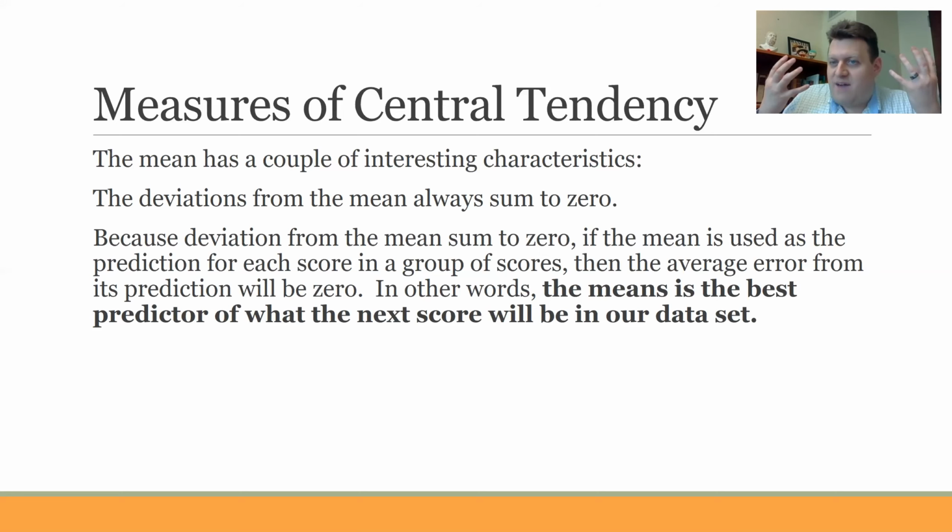It means that we're going to have the best prediction of that person's score on the SAT, okay? Because that person might be higher, they might be lower, but the mean is going to be the best predictor of the next score in our data set. In layman's terms, that's what that means. Okay, the mean is the best predictor of what the next score is going to be.